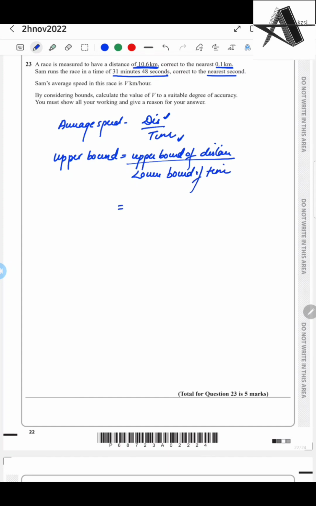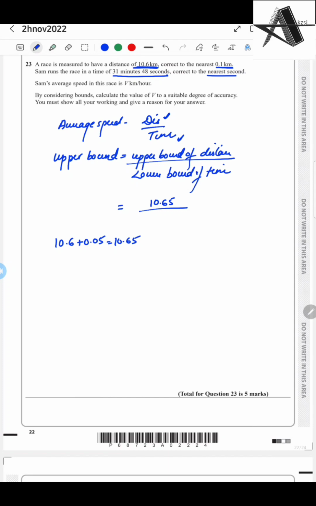So 10.6 is correct to the nearest 0.1 kilometer. That means you need to add 0.05. 10.6 plus 0.05, that is 10.65, will be the upper bound of distance. 10.65 over the lower bound of time. This is to the nearest second.